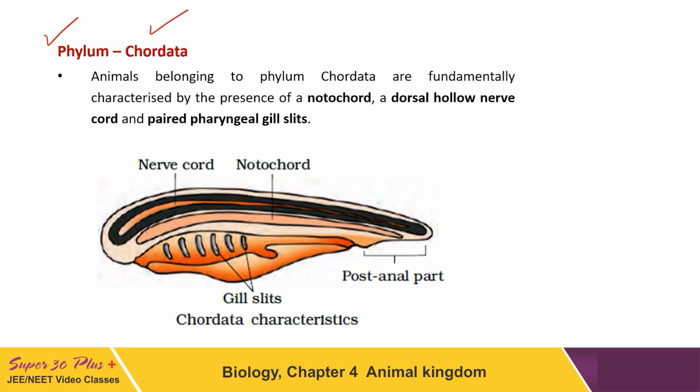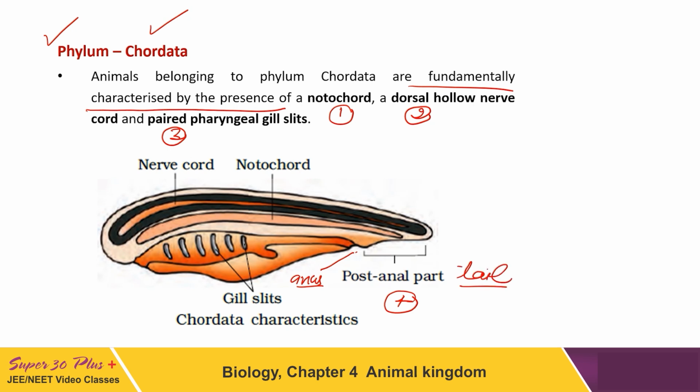Animals belonging to phylum Chordata are fundamentally characterized by the presence of number 1, notochord; number 2, dorsal hollow nerve cord; number 3, paired pharyngeal gills; and number 4, the part of the body beyond the anus, known as the tail, that is post-anal tail.